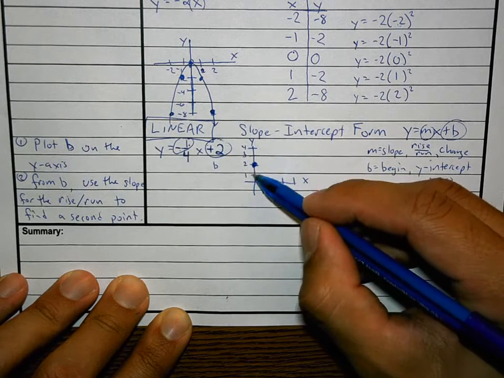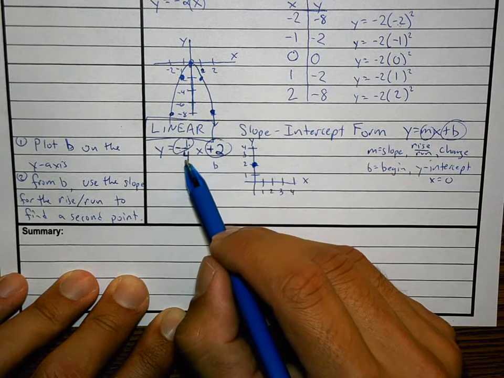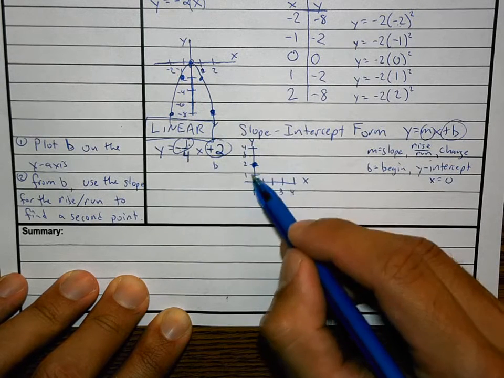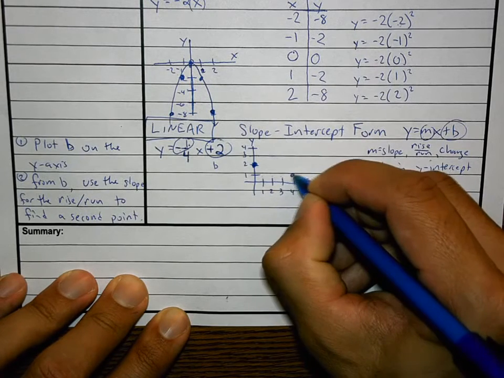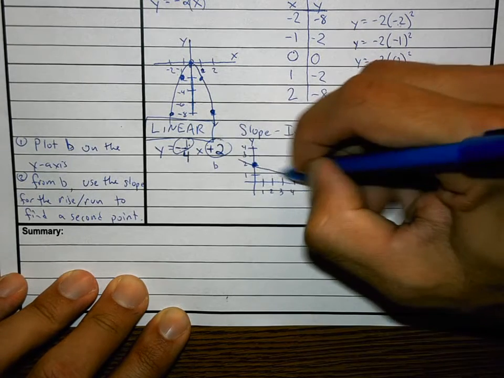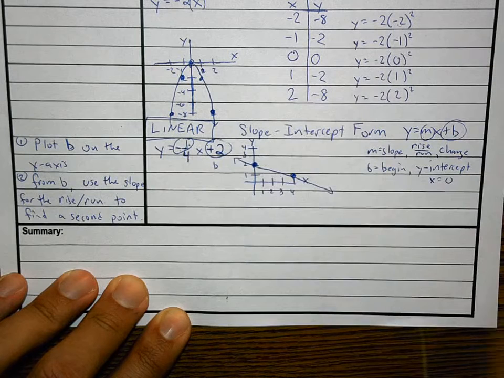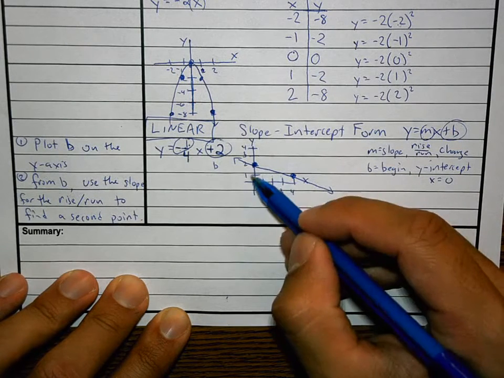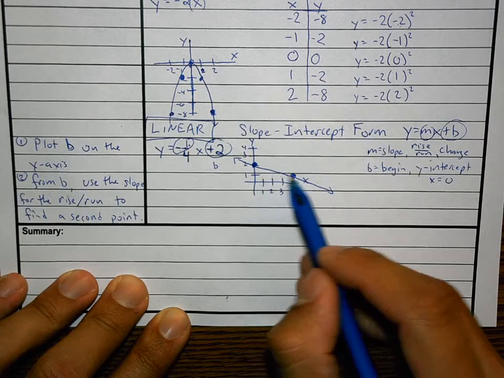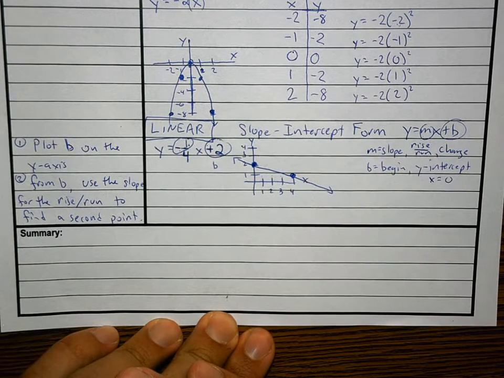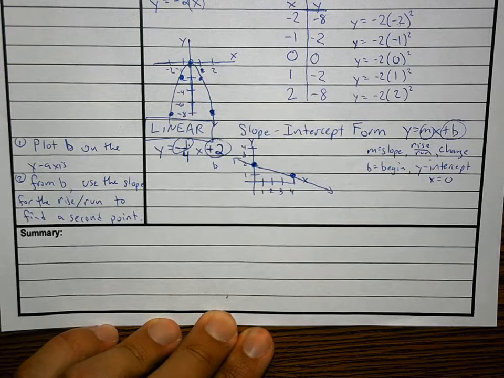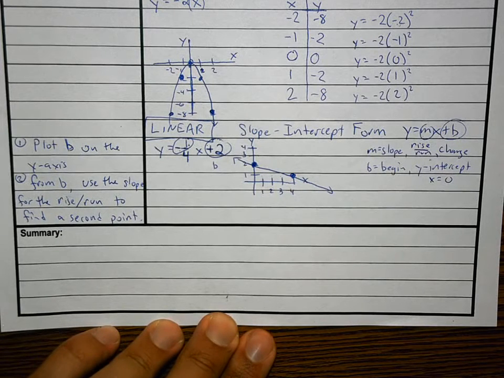Negative 1. Down 1, and then over 4. This 4 is positive. Down 1 to the right 4. Which creates a negative graph that goes downward from left to right. Down 1 over 4. Does that make sense to you?